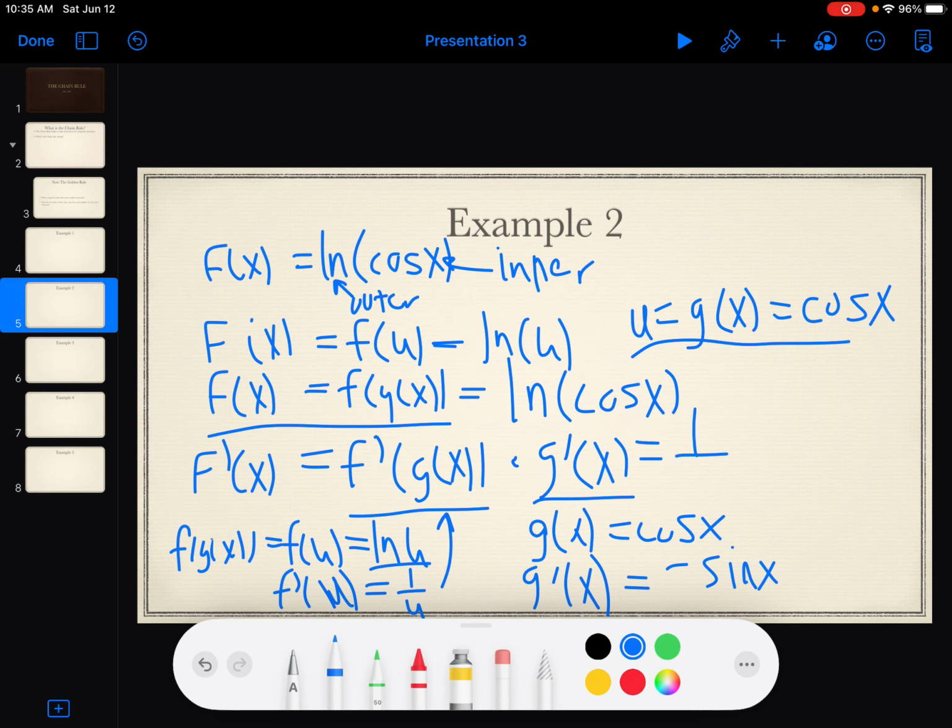This comes out to 1 over u, but u is equal to g of x, so it's 1 over cosine x times g prime of x. Now the derivative of g of x is just negative sine x. There we go. We basically just got negative tan x in the end. There's our derivative.